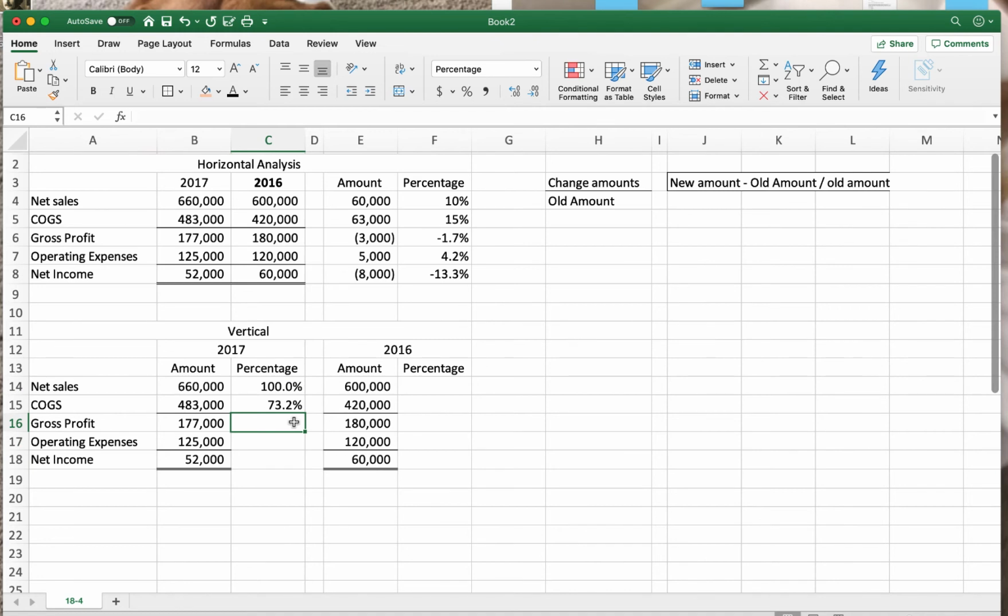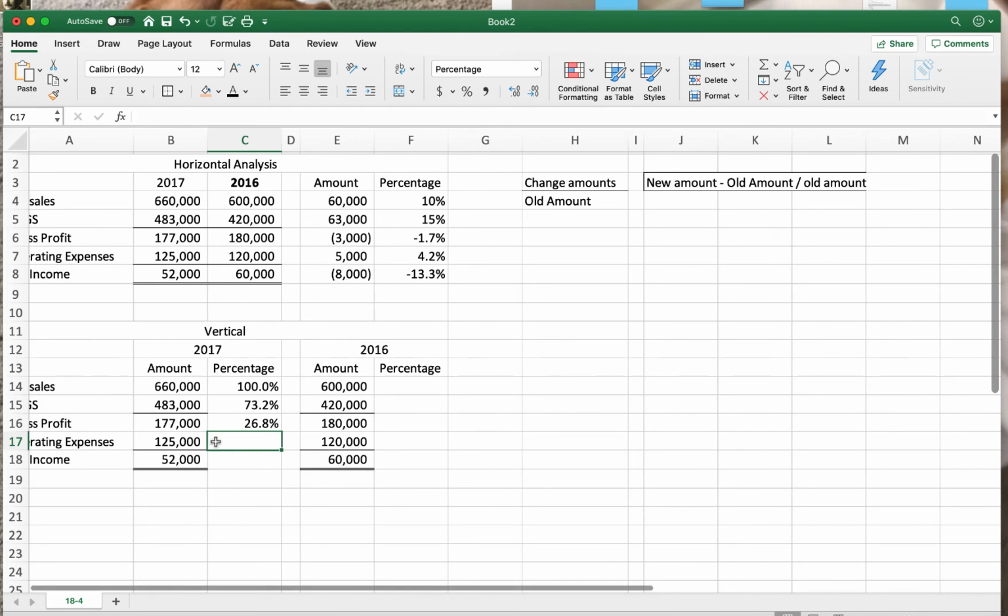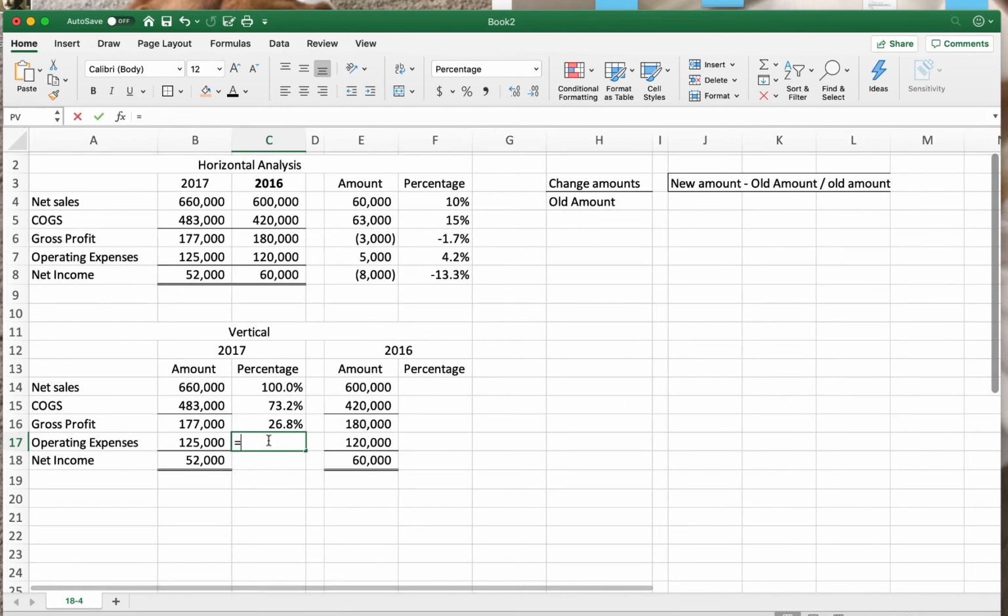We do the same thing for gross profit. We want to know what percent of sales is gross profit. Well, take my gross profit, divide by my sales, and I get 26.8%. Do the same thing with operating expenses.